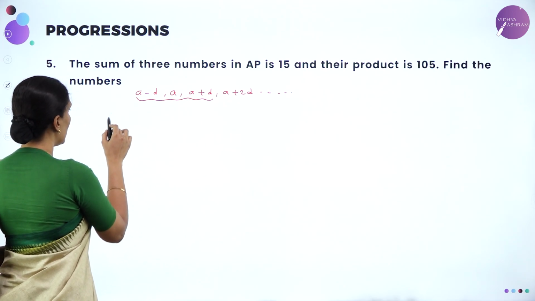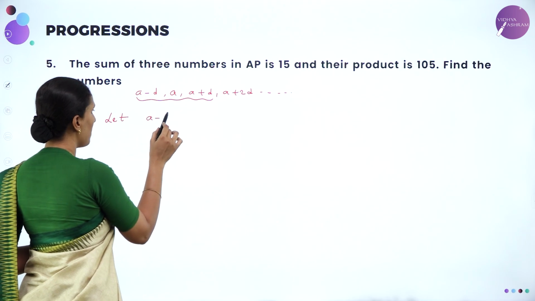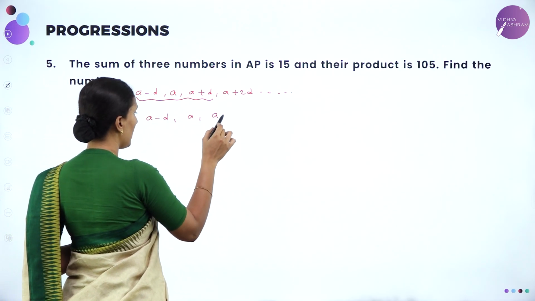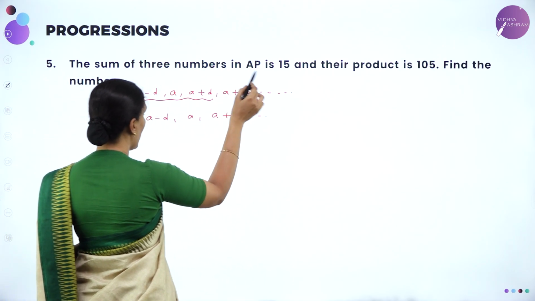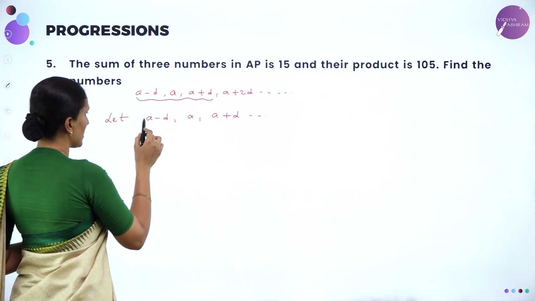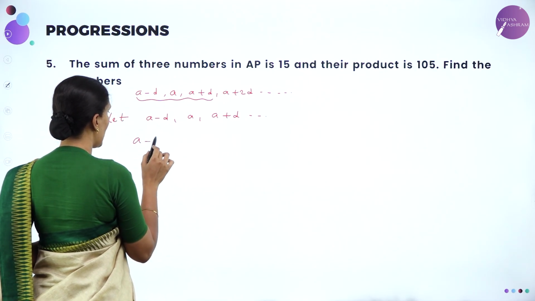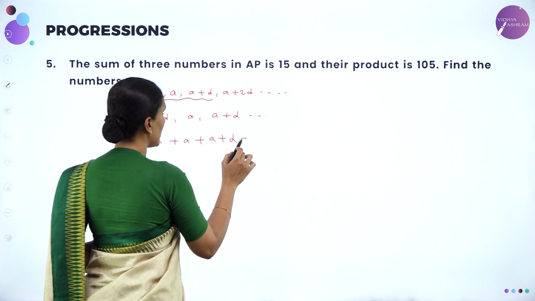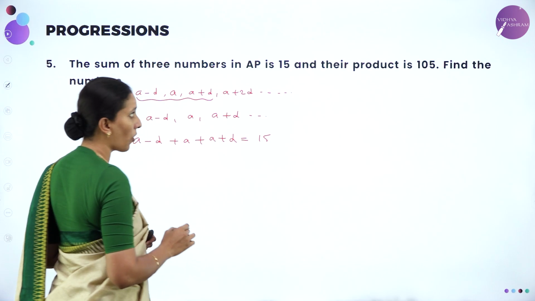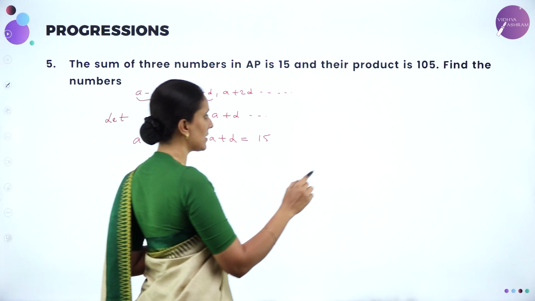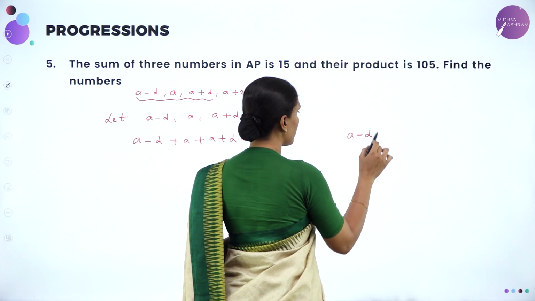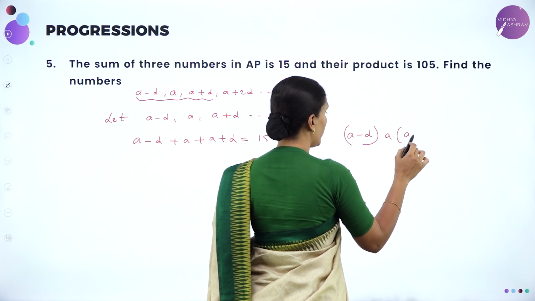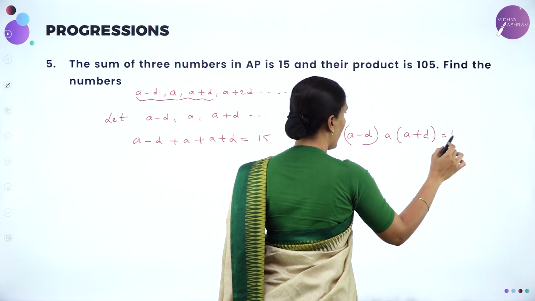So let the terms be a minus d, a and a plus d. Given the sum of three numbers, that means a minus d plus a plus d is equal to 15 and their product is 105, that is (a minus d) into a into (a plus d) is equal to 105.